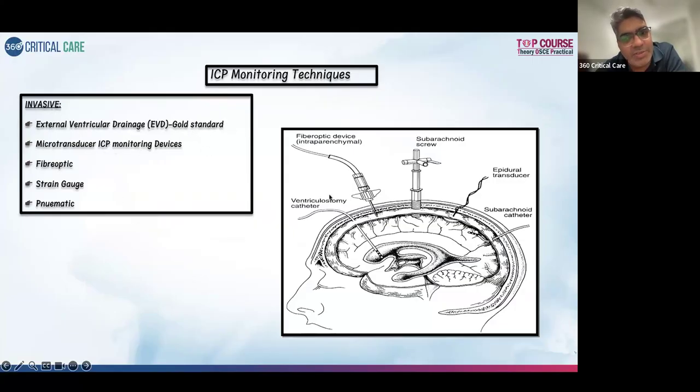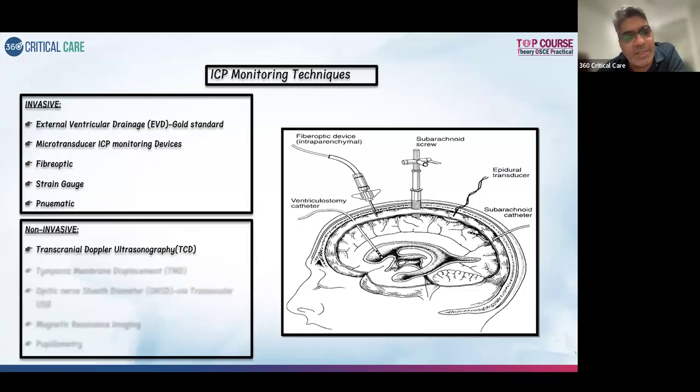Then microprocessor ICP monitors like the Codman catheter are intraparenchymal catheters, which can be placed into the parenchyma and directly get pressure from that. Rest of them are fiber optic, strain gauge, pneumatic. Pneumatic is more experimental. Fiber optic is coming up nowadays.